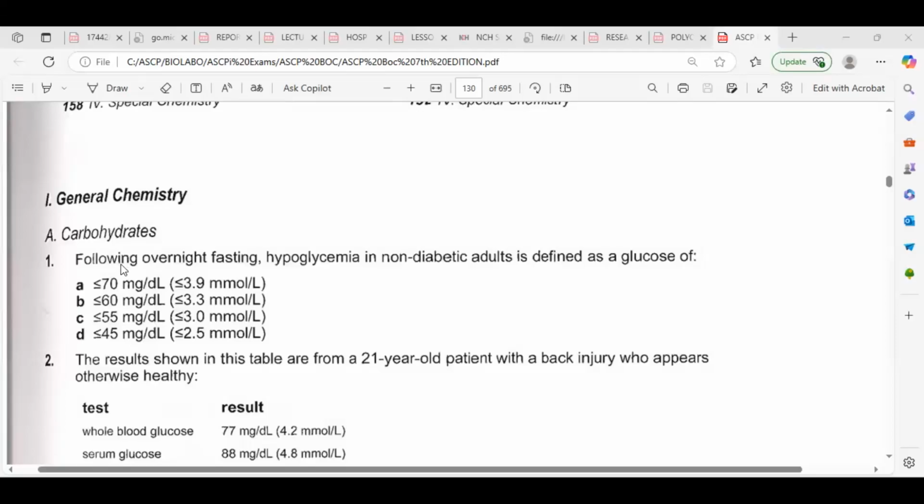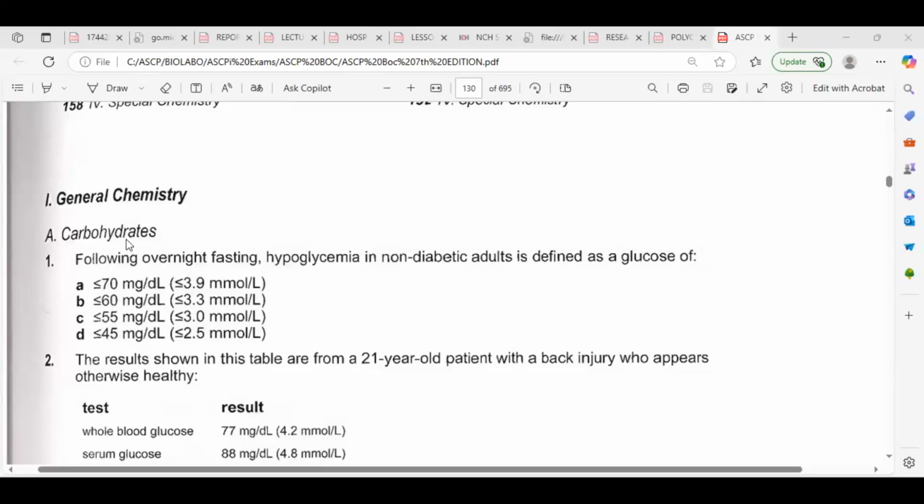This one is not for MLS only, but it says the following: overnight fasting hypoglycemia in a non-diabetic adult is a glucose of less than or equal to 45, 55, 60, or 70.